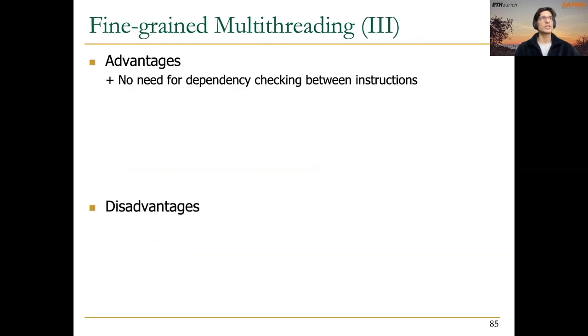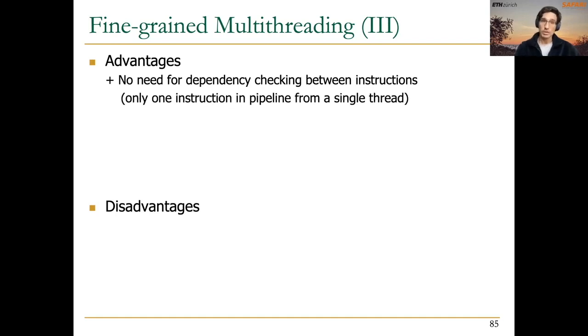So there are advantages here. No need for dependence checking between instructions, because there is likely only one instruction in the pipeline for a single thread, and if there is more than one instruction from the same thread, it is because these instructions are independent, and there is a way of knowing that. Maybe the compiler can help, or maybe some hardware units can help detect which instructions are independent.